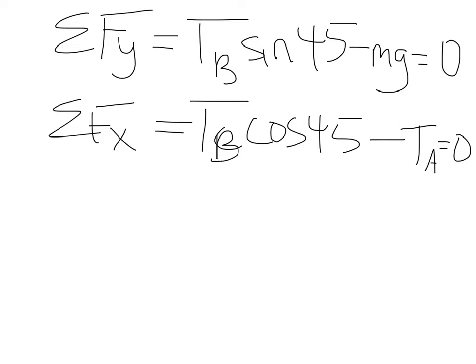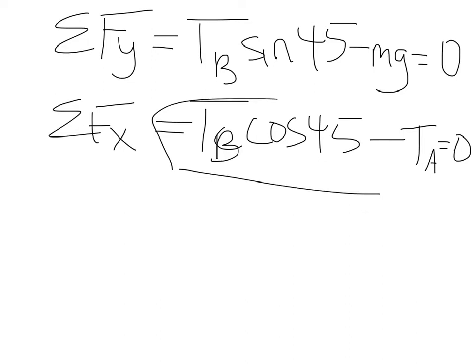So all you have to do is solve the system of equations. Do it in your calculator, or you can use substitution. We'll use this equation to find an expression for TB and then just solve it.